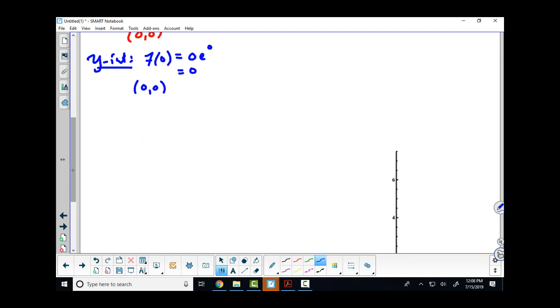Now what do we look for? Let's go ahead and do vertical asymptotes and holes, because we can knock that one out real fast. Where are vertical asymptotes and holes? So how do we find vertical asymptotes and holes?